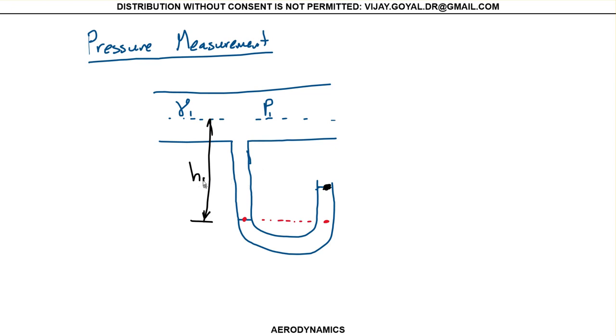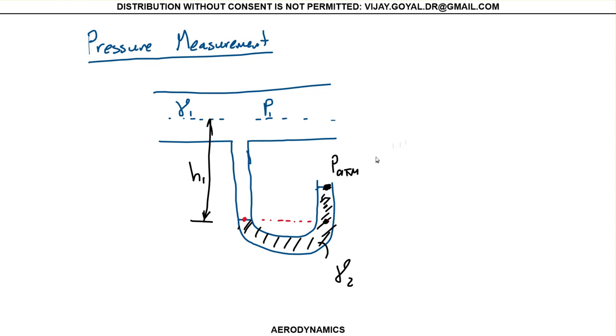Let's call it h1, and let's suppose this is full of a different fluid, and this fluid is gamma 2. Then this is atmospheric pressure in this point right here.